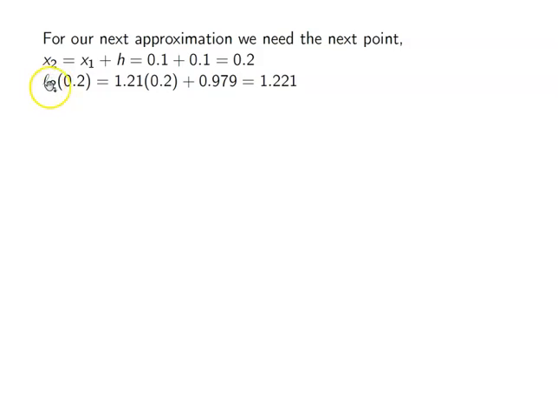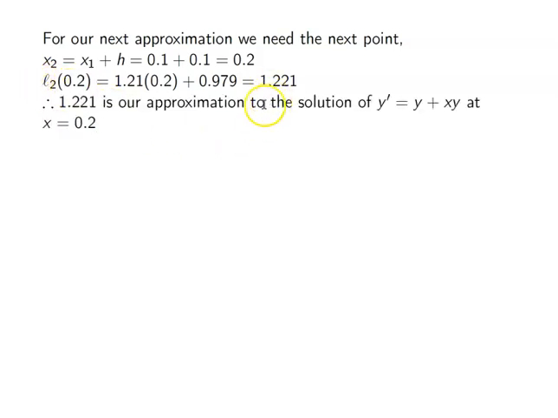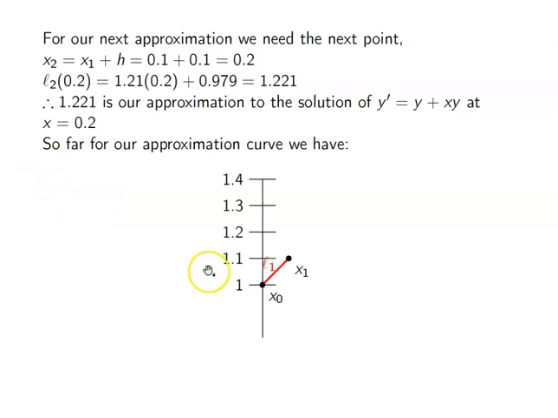On the second tangent line, I have 0.2 and 1.221. Now I can use those two values with my derivative function to figure out what the rate of change is there, right? So 1.221 is our approximation of the solution at x equals 0.2 by using that tangent line.